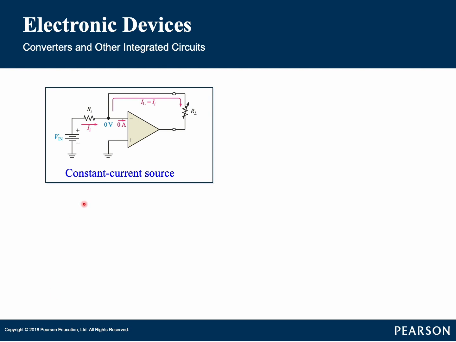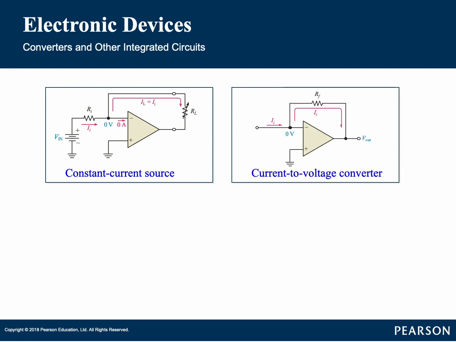This section forward introduces a few more devices that represent basic applications of the op-amp and linear integrated circuit, such as the constant current source. In this type of application, if RL changes, IL will remain constant as long as VE and RI are held constant.